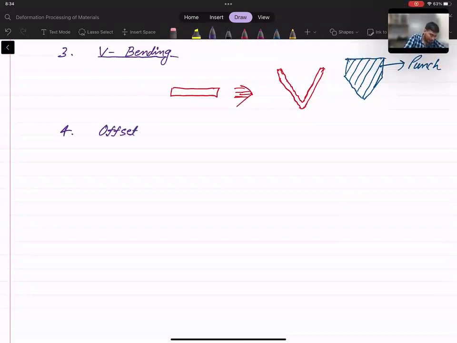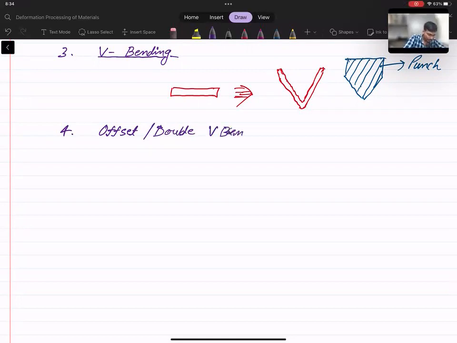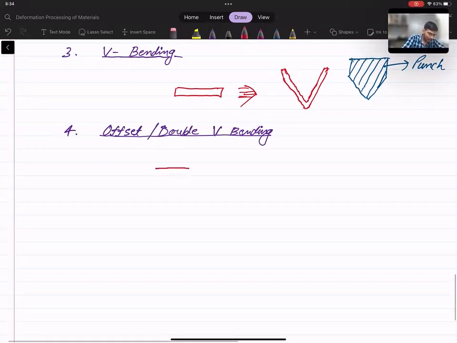So this is also very simple. In place of a single V, there will be two V shapes.